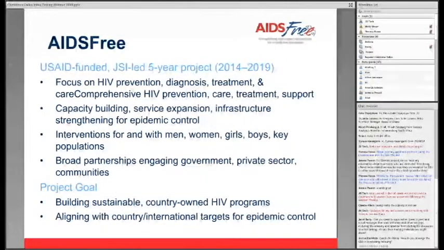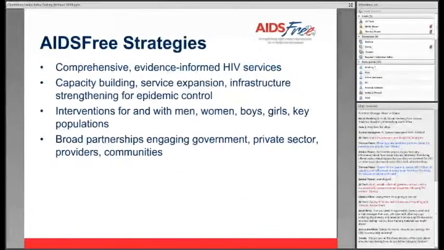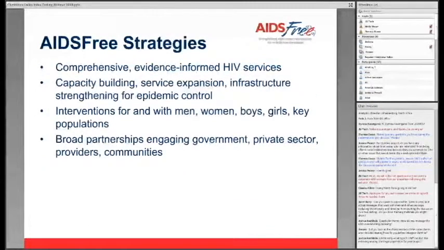All right, next slide. So AIDS-Free, for those of you who may not know, is a 5-year USAID-funded project with an overall goal of building sustainable country-owned HIV programs that align with international targets for epidemic control.